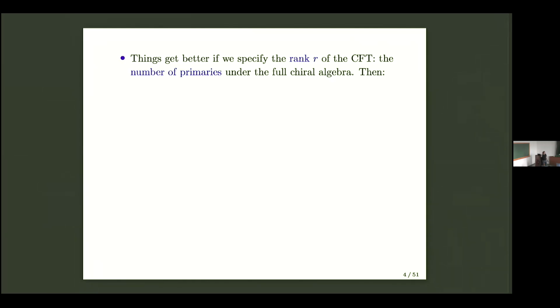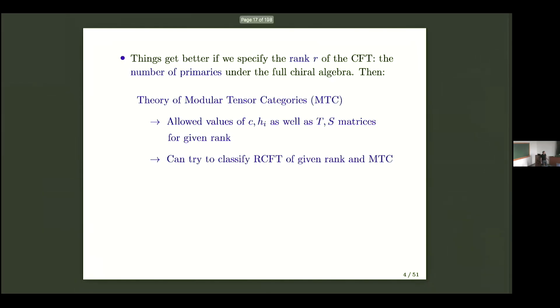Good. Now things get better if we specify the rank of the CFT, which is the number of primaries. Then we have a theory which came out of the Anderson-Moore work, followed by Moore and Seiberg's work of the same year: the mathematical theory of modular tensor categories, which for physicists is the same as the classification of topological field theories in 3 dimensions, Chern-Simons type field theories.